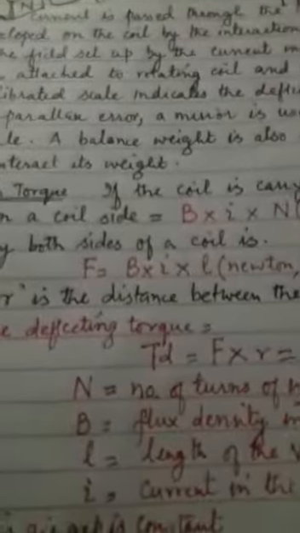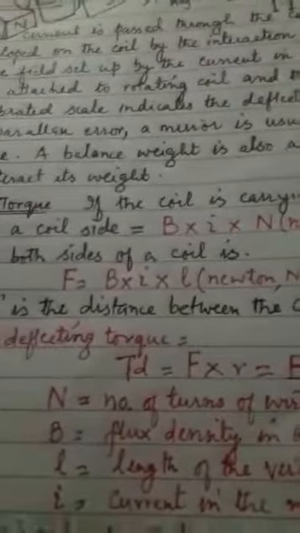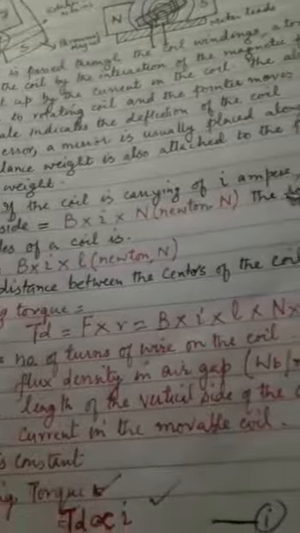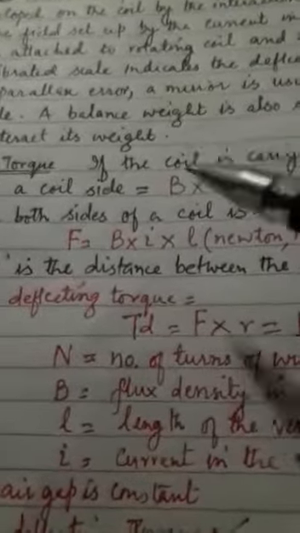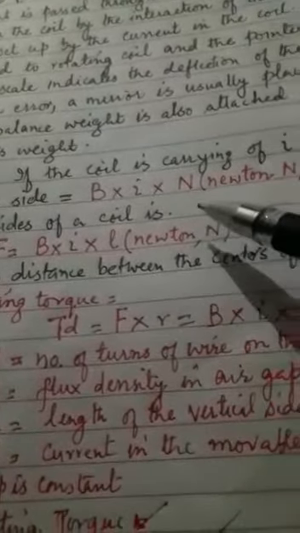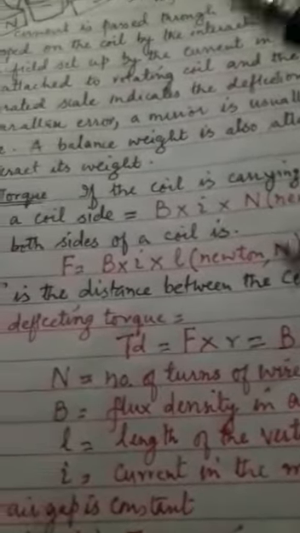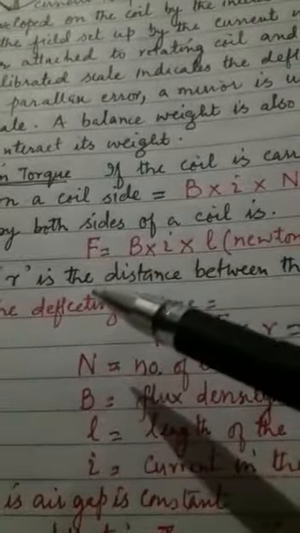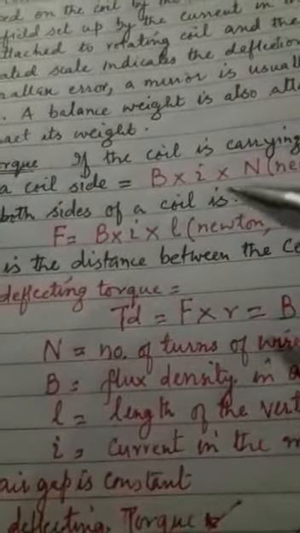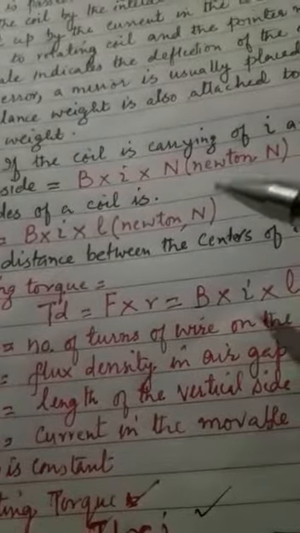Dear students, keep in mind, I am writing here: in a coil carrying current I ampere, we have force on the coil, F equal to B into I into L newtons.